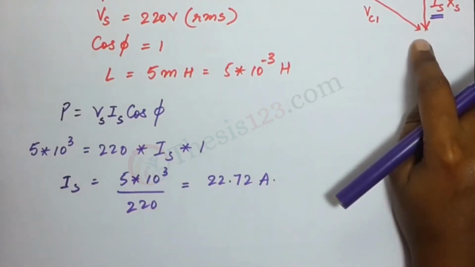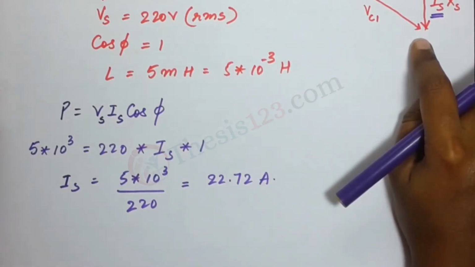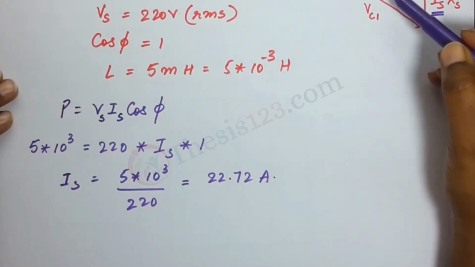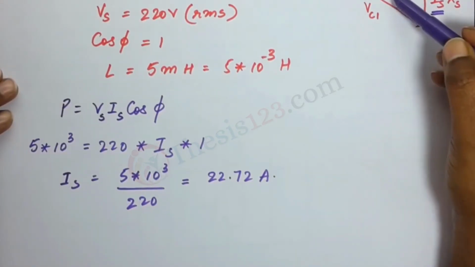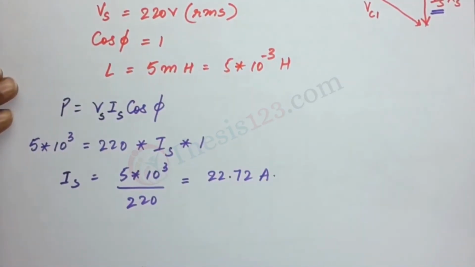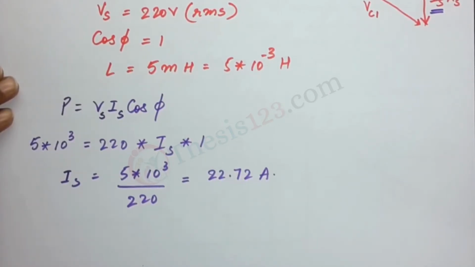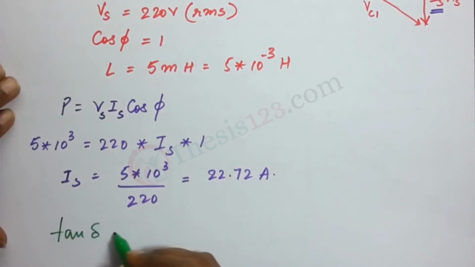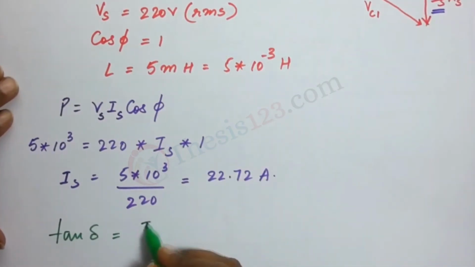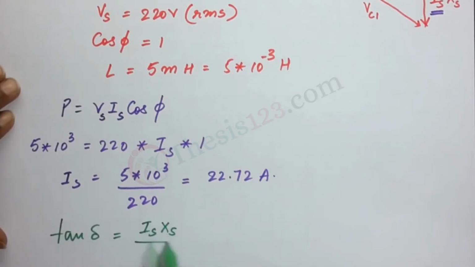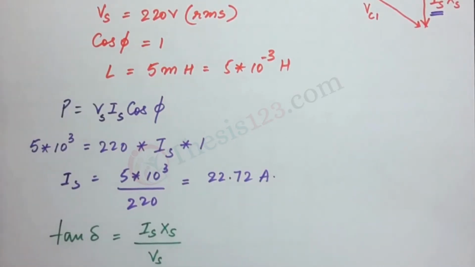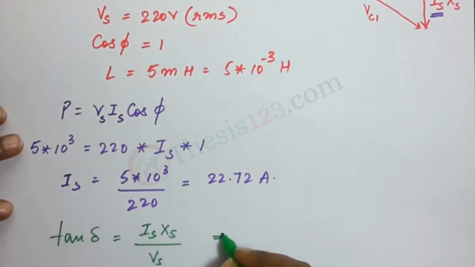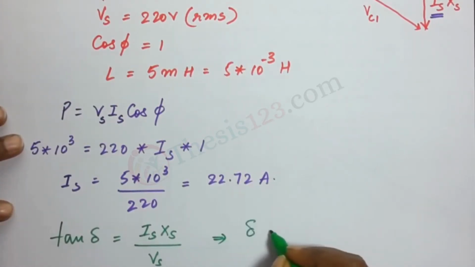Now let's look at the triangle over here. If we were to find out what delta is, we can use tan. Tan delta would be opposite by adjacent value, right? So tan delta is equal to, the opposite is Is Xs divided by Vs according to the figure there. Now let's take tan to the other side since we are supposed to find out what delta is.